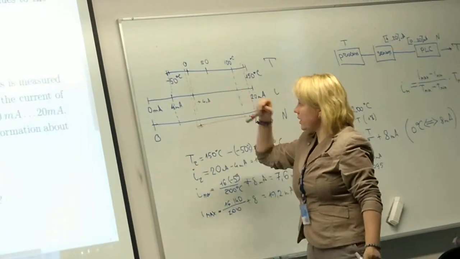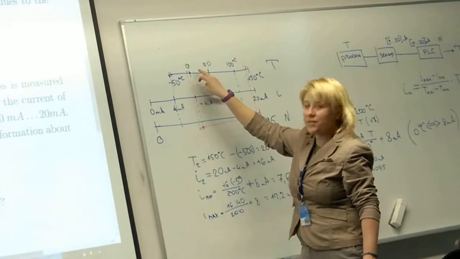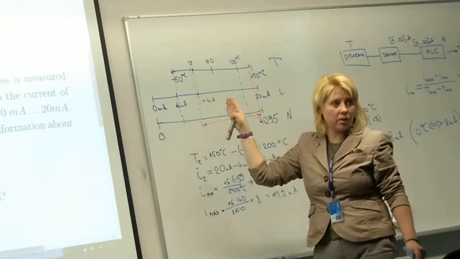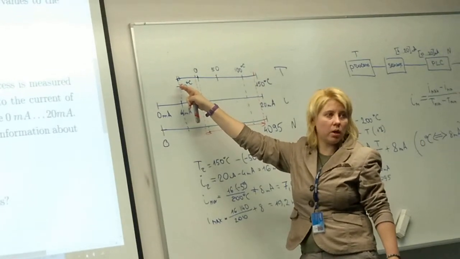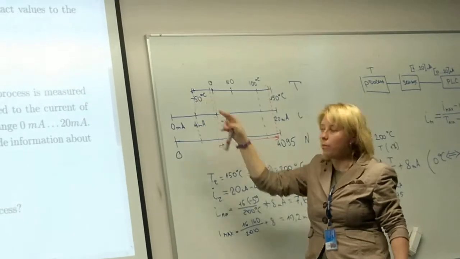So always try to take 0 as the initial value, because from this point it is easier to shift all signals. Of course, we can take another one as the initial, but in this case it will be more complex.